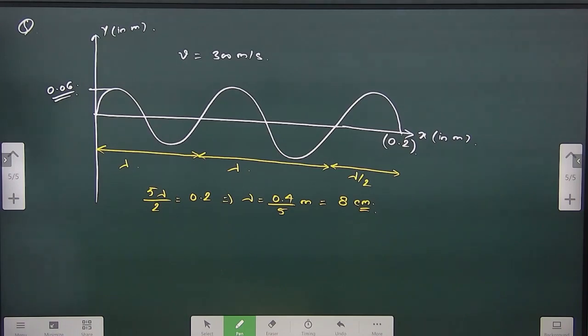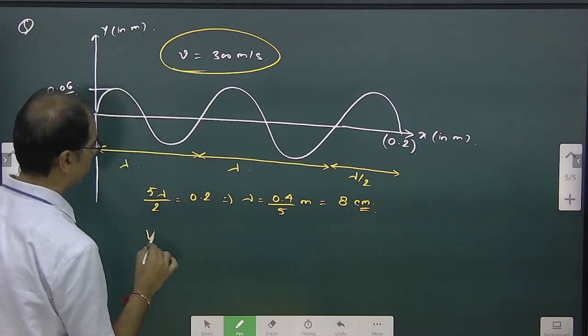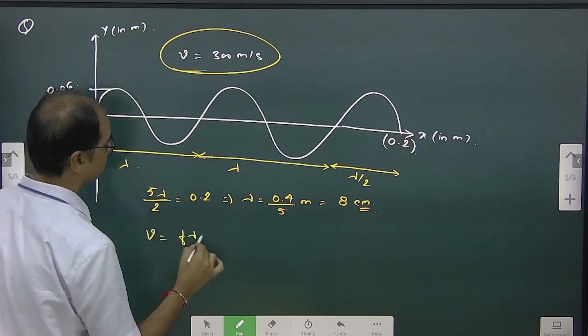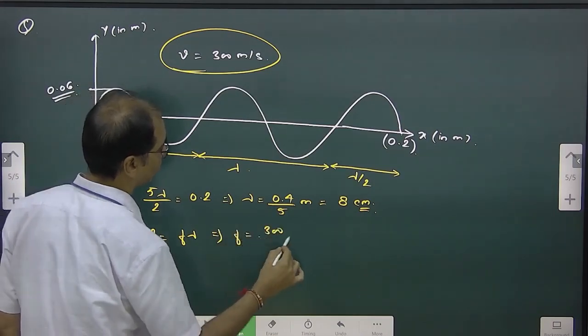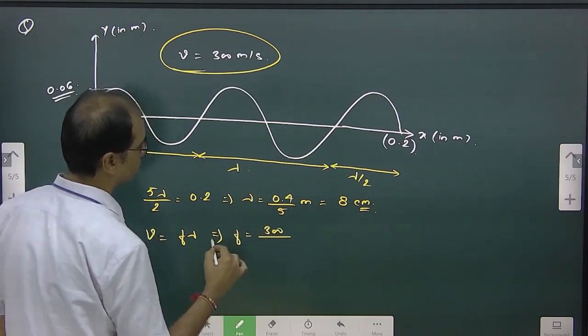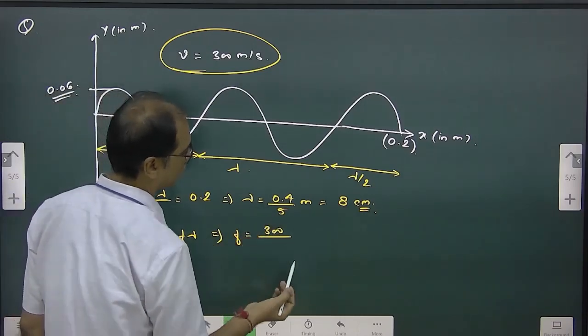Then what else can you do? Omega also we can find. V is given. So V equal to frequency into wavelength. So frequency is equal to 300 by 0.4 by 5, or 8 centimeter, whatever you want.